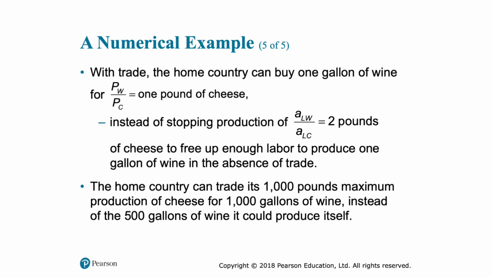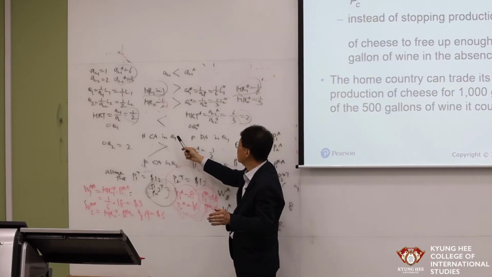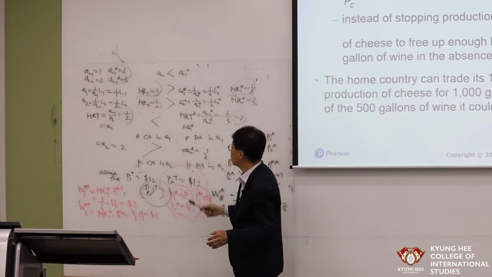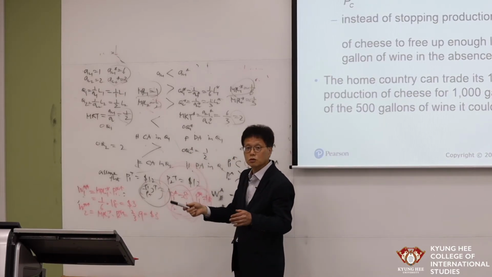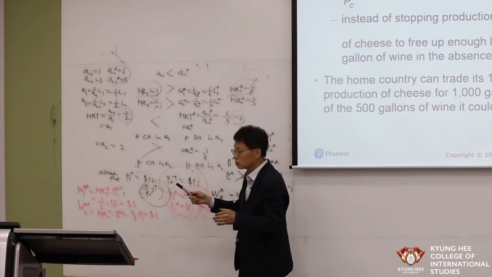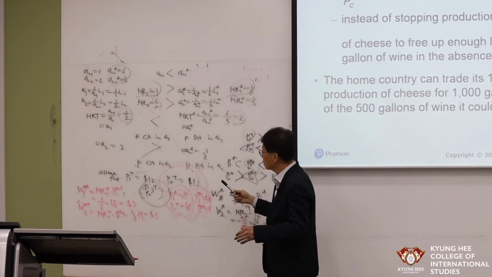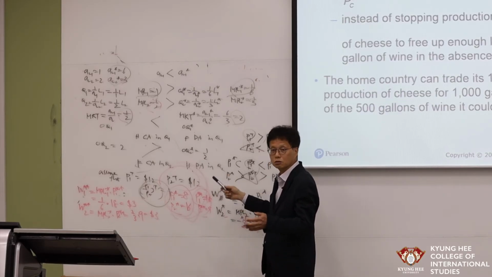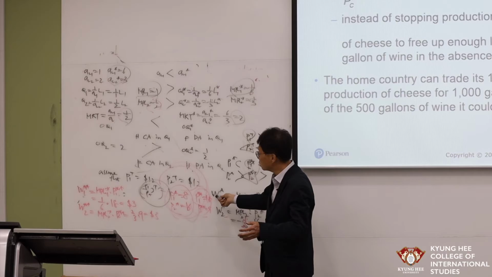I'll give you AL1 and AL2 as some numbers, and then I ask you first to construct the production function, calculate the marginal product of labor, and say which country has absolute advantage in Q1 and Q2. Then I ask you to calculate the opportunity cost of Q1 in terms of Q2, and of Q2 in terms of Q1. And I'll ask you which country has comparative advantage in Q1 and Q2. Right? Also, I ask you to calculate the wage rate before trade.